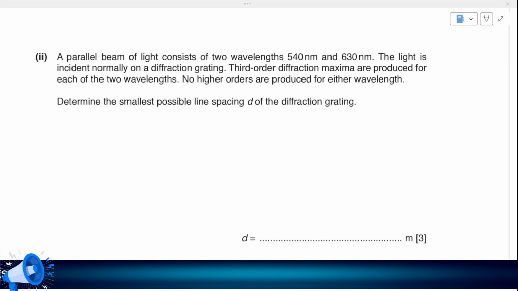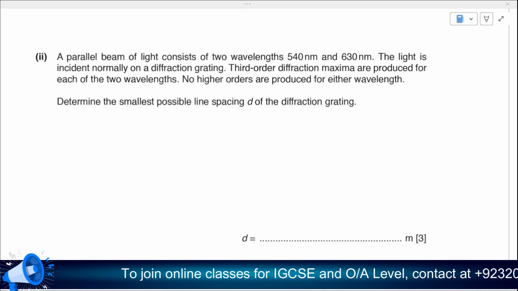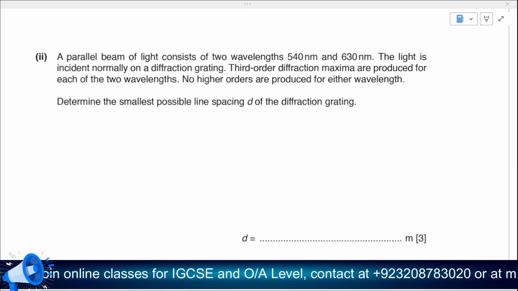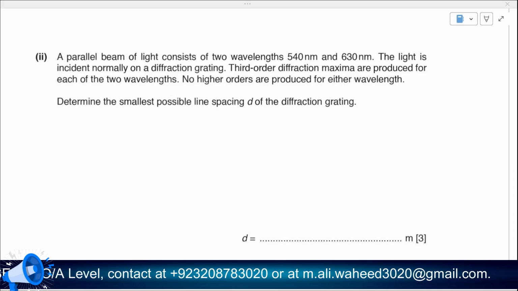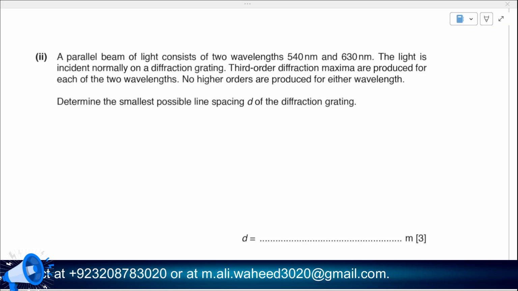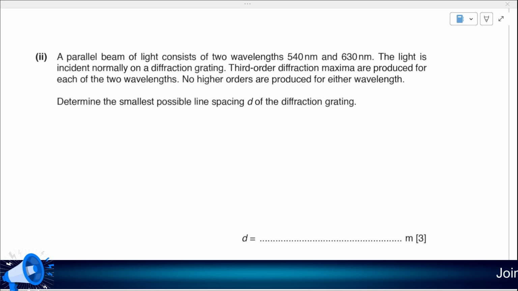Okay, so here we have the next one. A parallel beam of light consists of two wavelengths. This one is pretty much the same question, the one that we did initially. Parallel beam of light consists of two wavelengths, 540 and 630. So two different wavelengths. The light is incident normally, means the angle theta is given as 90.